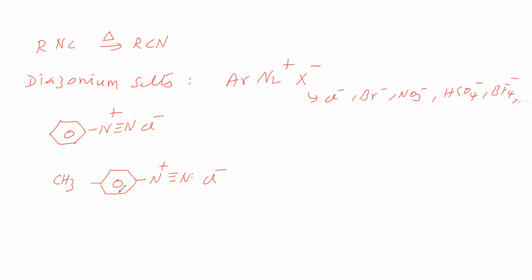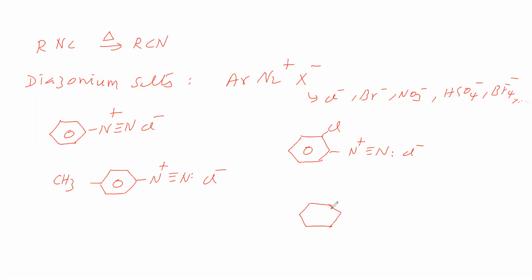It is called paratoluene diazonium chloride. In the place of aryl, I will take an ortho substituted one. It is called orthochlorobenzene diazonium chloride. Next, in the place of aryl, I will take meta substituted.